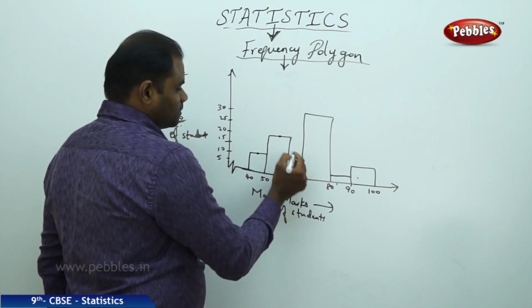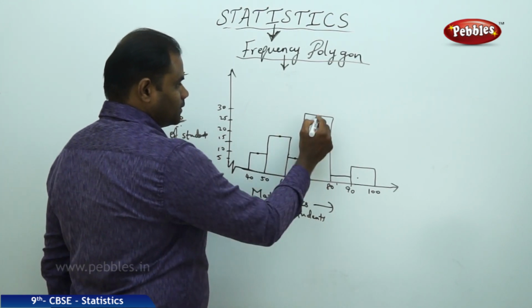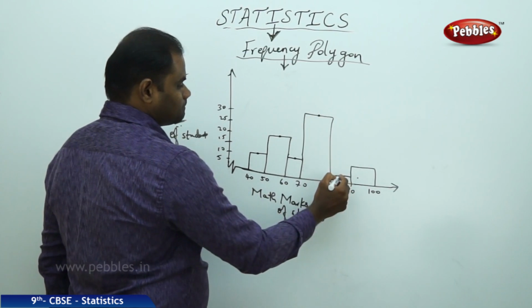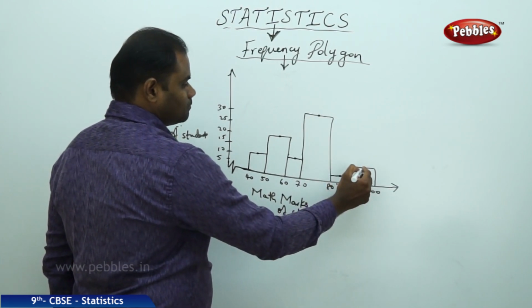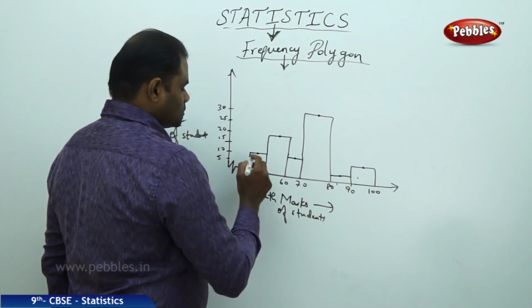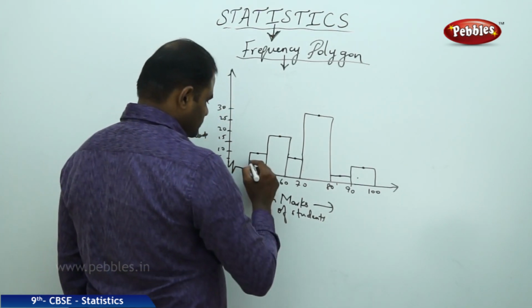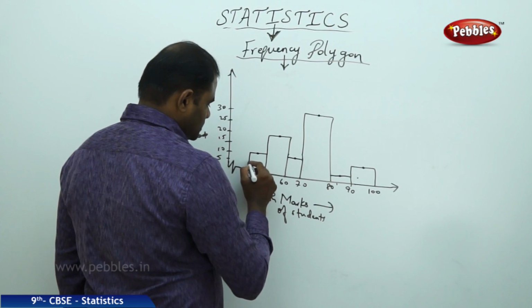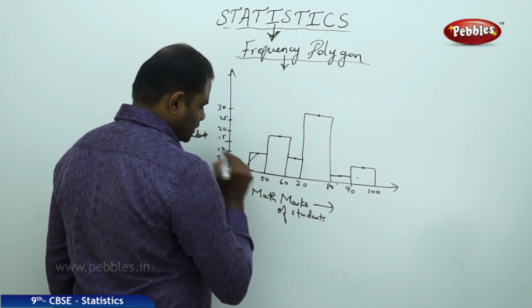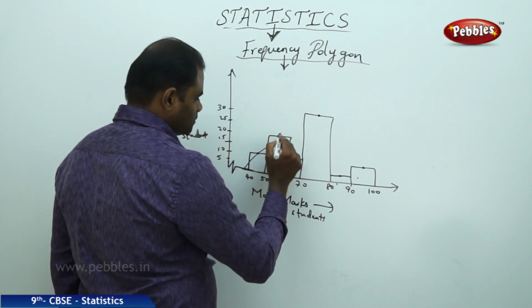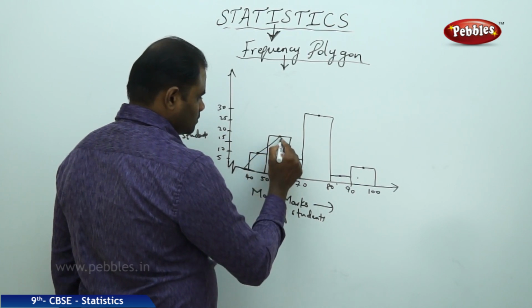So I pick all the midpoints here, here, here. A polygon is obtained if I take exactly a line passing through the middle and cutting here.